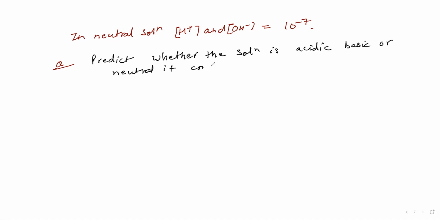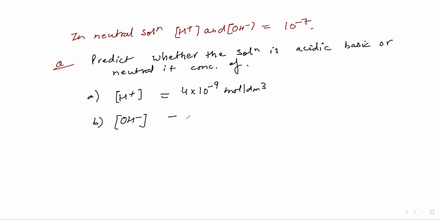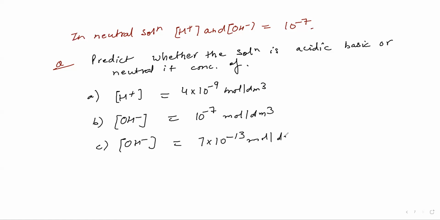If the concentration of H positive ion is 4 into 10 to the power negative 9 mole per decimeter cube for the A part, OH negative ion is 10 to the power negative 7 for the B part, mole per decimeter cube. And for the C part, the concentration of OH negative is 7 into 10 to the power negative 13 mole per decimeter cube. Okay, pause the video and predict it.